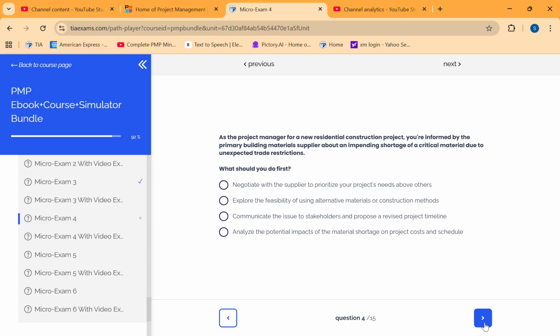What should you do first? Negotiate with the supplier? No, since there is a shortage and there is a trade restriction, negotiation is not the right thing to do here. Explore the feasibility of using alternative materials or construction methods. Communicate the issue to the stakeholder and propose a revised project timeline. Analyze the potential impact of the material shortage on project cost and schedule.